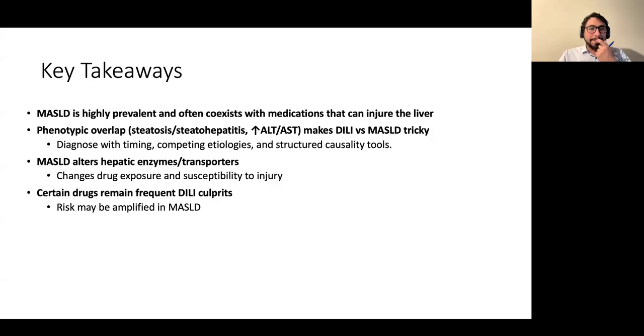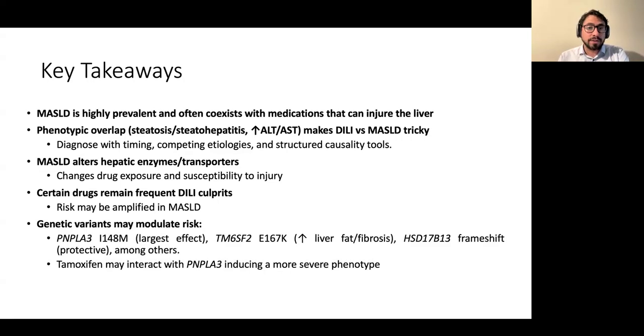And probably some drugs can have a higher risk in the MASLD population. As I showed, the evidence is that MASLD could increase the risk 4 times of having a drug-induced liver injury. And novel assessments of genetic variants like PNPLA3 are attractive.